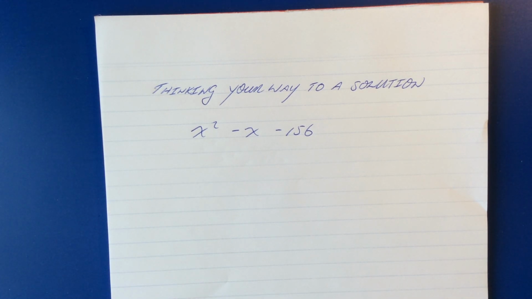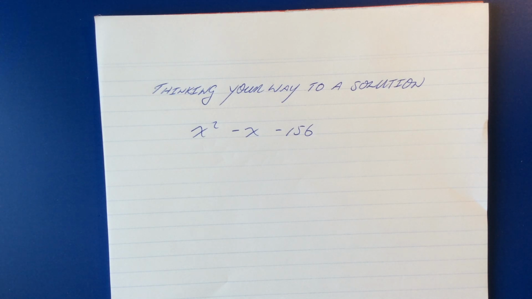That's fine as long as things are within the 1 to 12 times tables. Once they get outside that, if you don't have access to a calculator, you have to do a little bit of thinking.